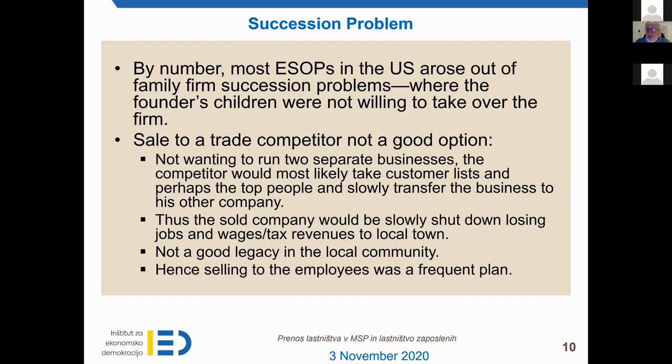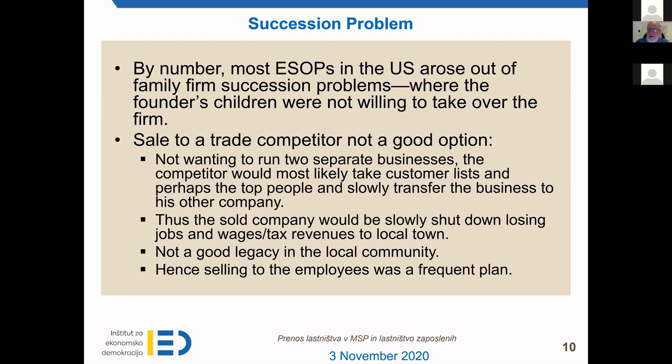So that's why ESOPs have really caught on in America to address this succession problem. This is right now a very big problem in Western Europe, because so many companies in Western Europe, SMEs, started after World War II. And so the owners are already halfway out the door. And in Slovenia, a lot of the companies were started up in 1990.